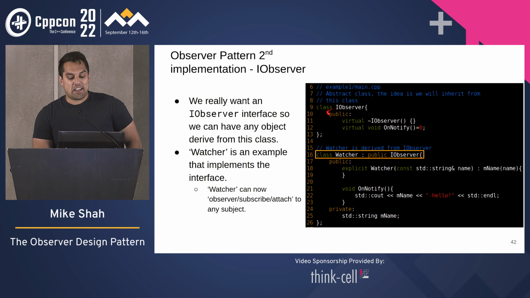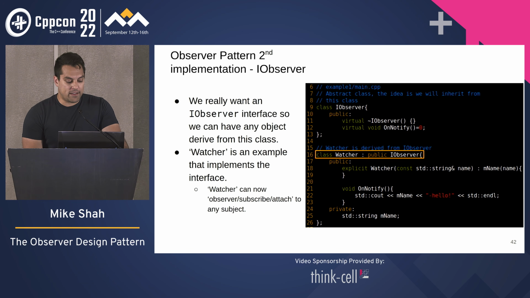Again, I wish we had interfaces, but there's a pure virtual function here on notify that we have to implement. And then as far as making use of this, I have Watcher here, which is deriving from our interface. So Watcher is going to be our observer, as it's named. And then on notify is where we're going to put any of the interesting work that we want a Watcher to do. In this case, it's going to print its name and then hello.